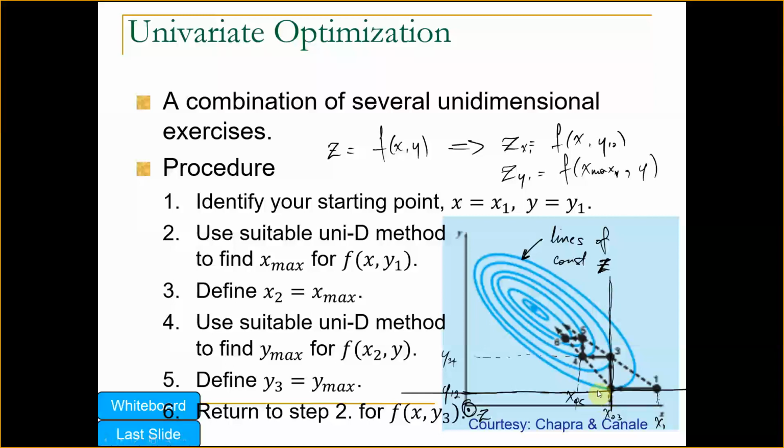Wherever the maximum is on that line, that becomes my new constant for y. And on that, I find the maximum for x. And wherever the maximum for x is becomes the new constant for x. And on that line, I find the new maximum for y. And I keep doing that, and it eventually carries me to the peak, or the value of the function. Understand?